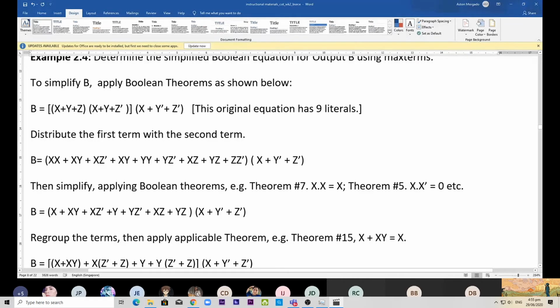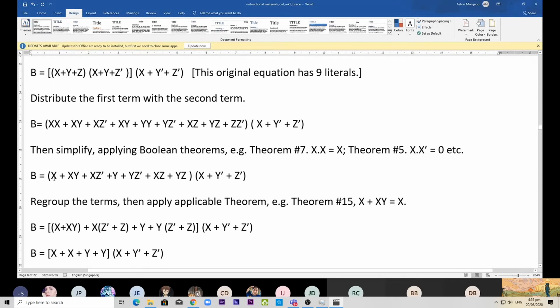Okay, what else? So we regroup this. We have x plus xy, then here xz prime and xz. Then you factor out the x, and then you copy the y.